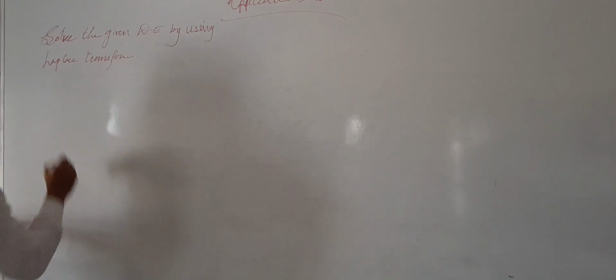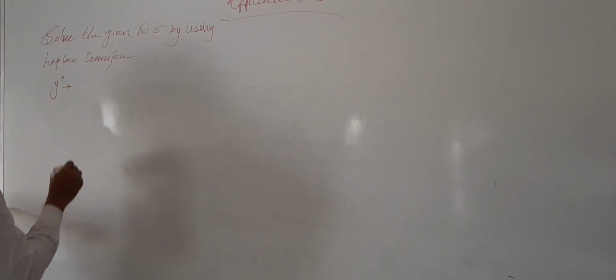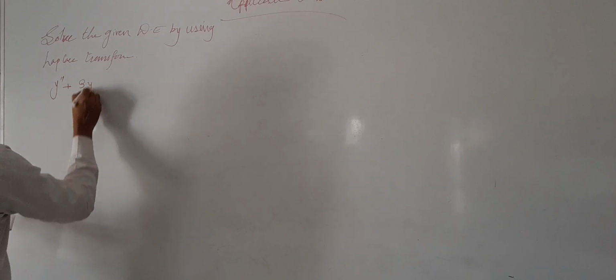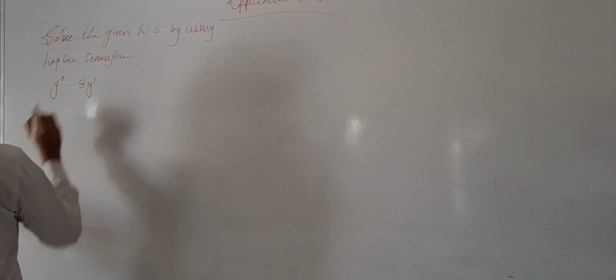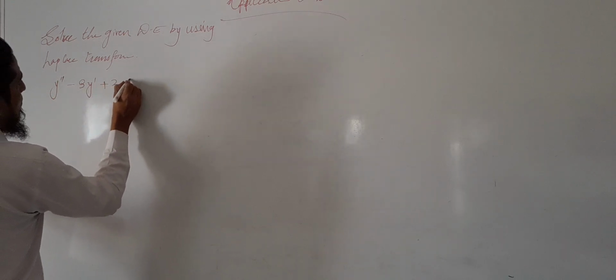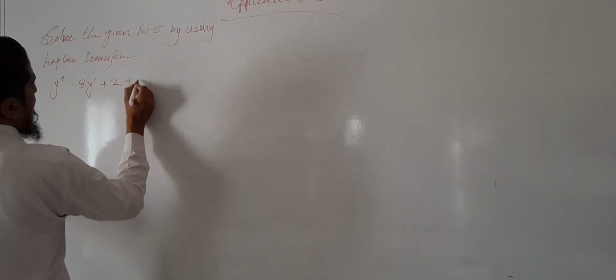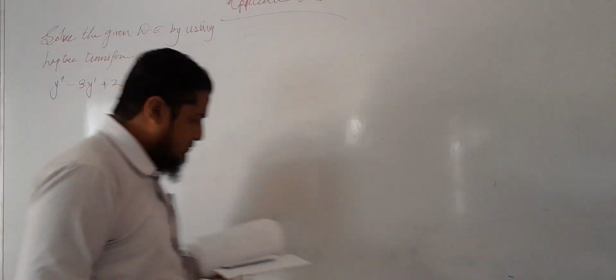And which is as follows: y double dash plus 3 y dash plus 2y is equal to 1 minus e raised to 2t.